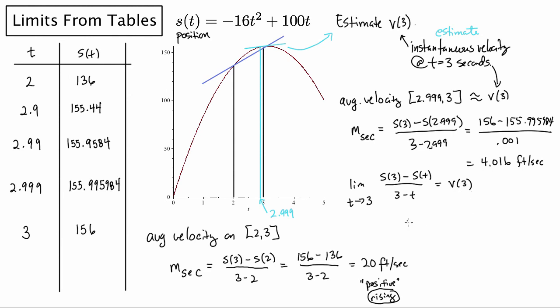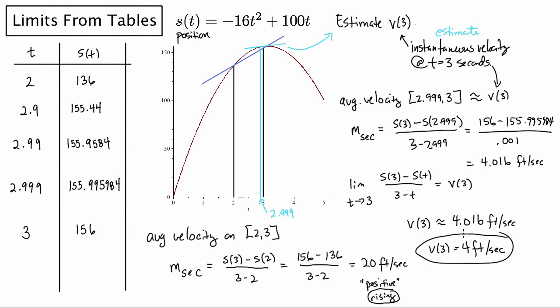And so what we can say right now is, using the approximation we have, that the velocity at 3 is approximately 4.016 feet per second. It turns out we're going to be able to calculate this exactly before too much longer. It turns out the exact answer here is 4 feet per second. And so our approximation using the secant line here is very close.